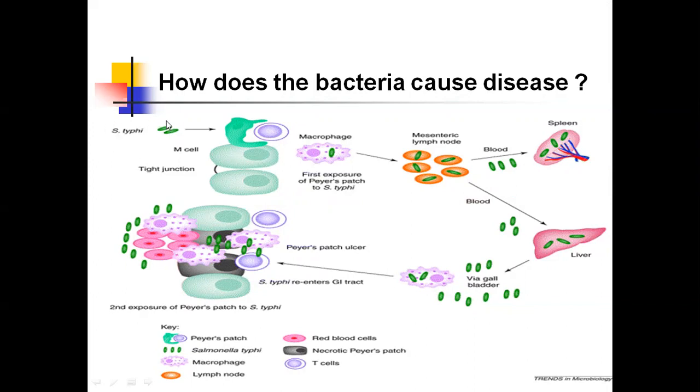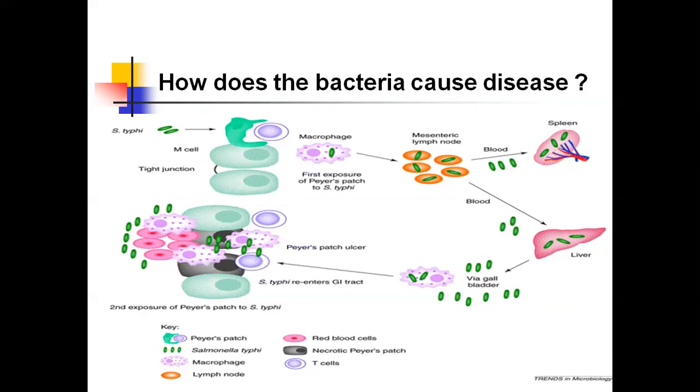After entering the duodenal surface, at the ileal mucosal layer, the primary combat with the body is initiated, because in the ileal surface there is a presence of Peyer's patch. Peyer's patch is the macrophage tissue layer which provides the primary innate immunity system in our body.